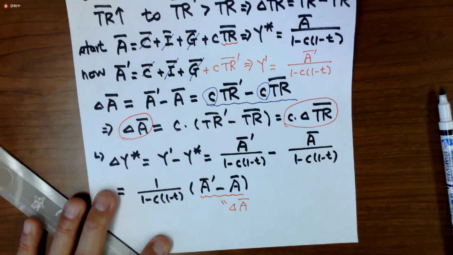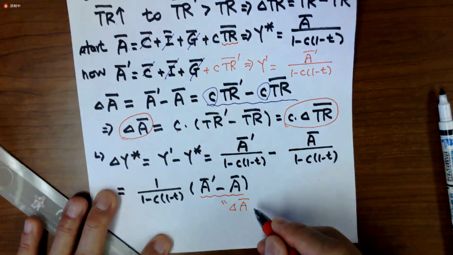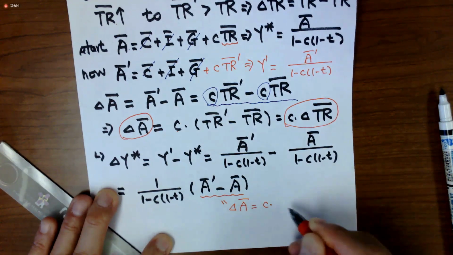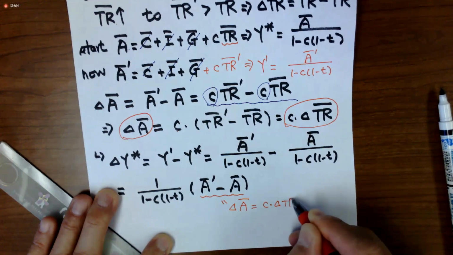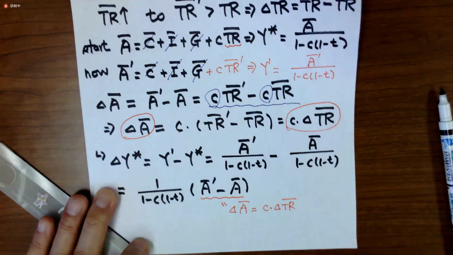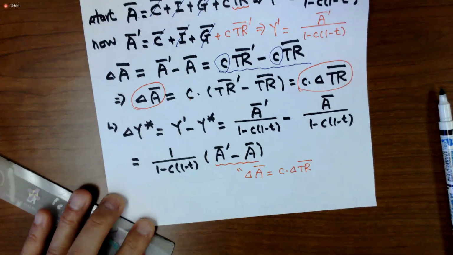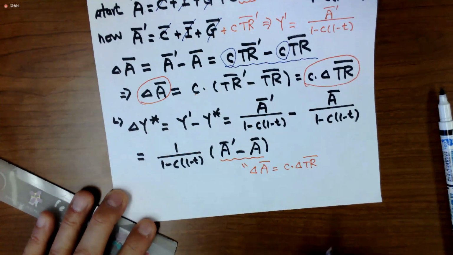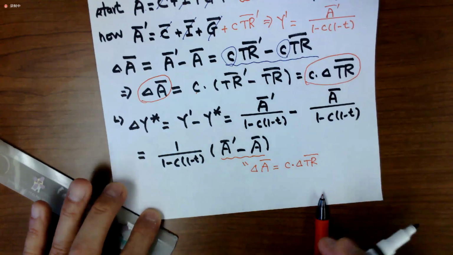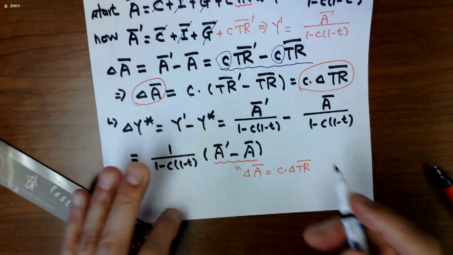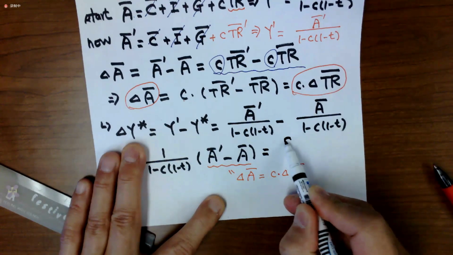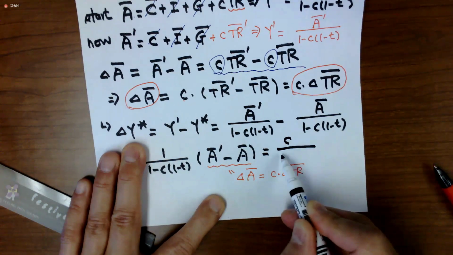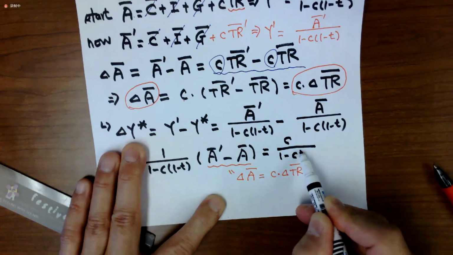But the change in A bar is only little c times the change in TR bar. So therefore, my right-hand side will become little c over 1 minus c, 1 minus t, times change in TR bar.